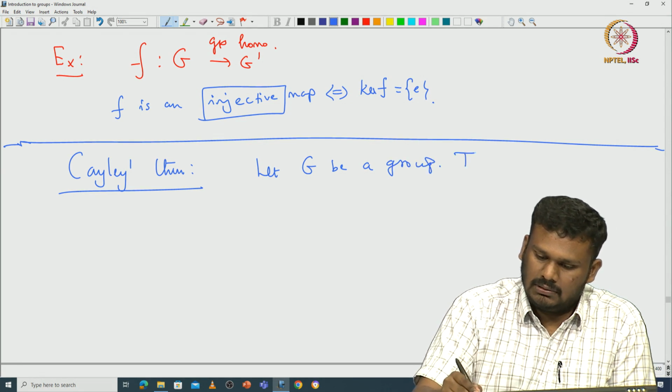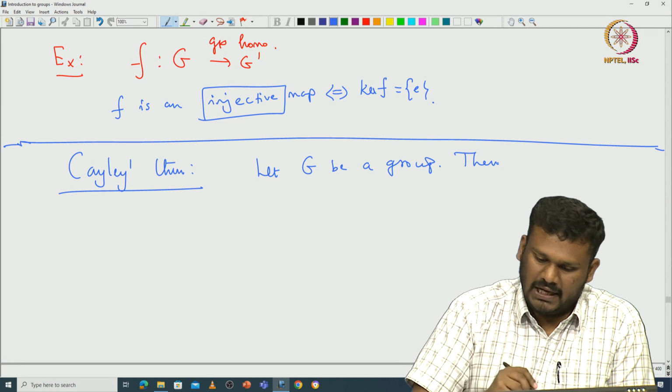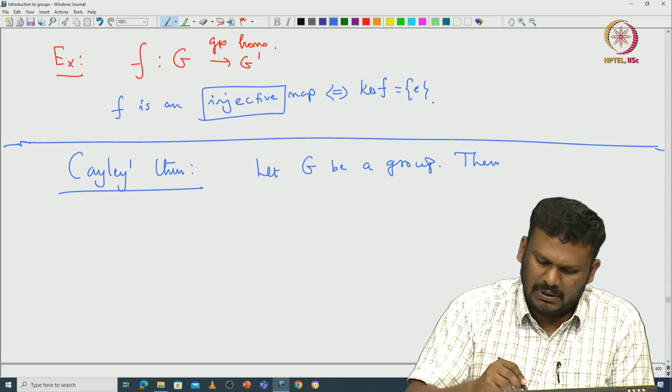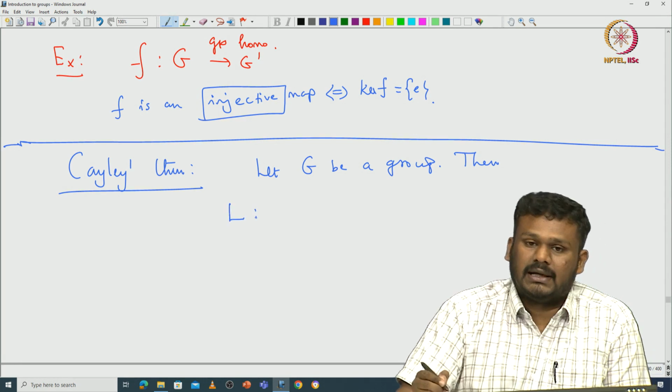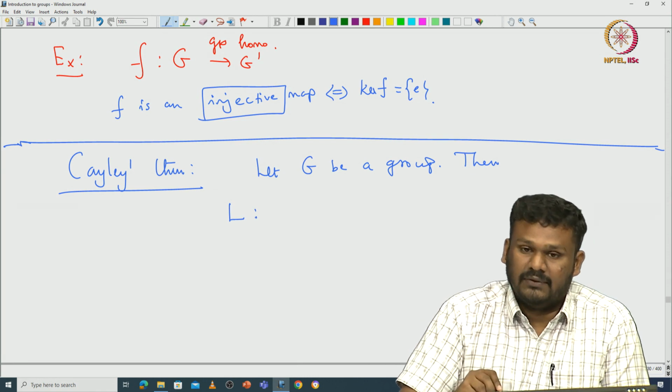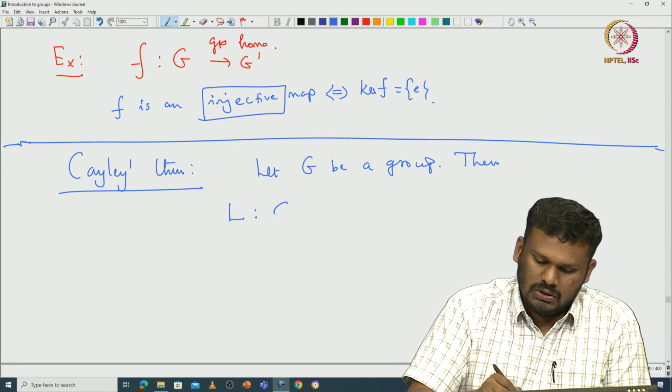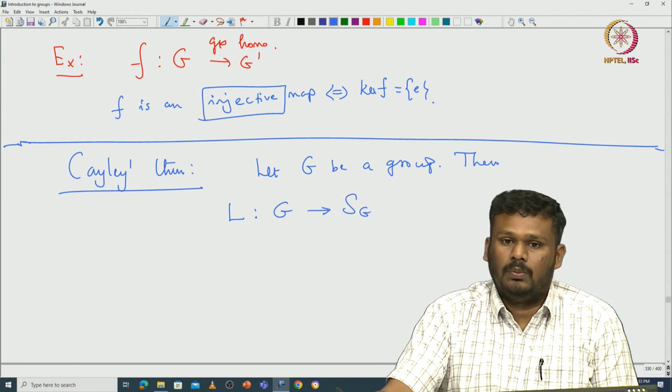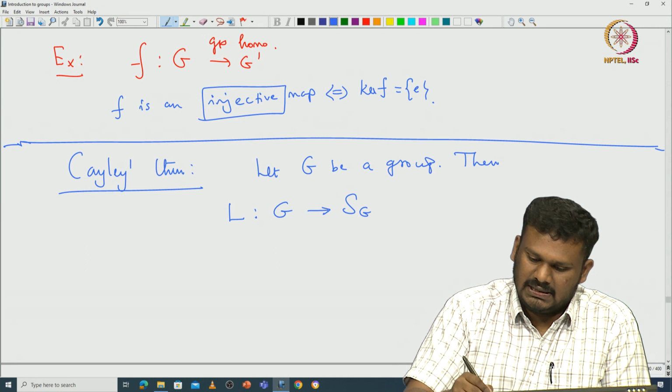Then we have a natural map, which we call capital L, given by left multiplication, from G to the symmetric group on G. This is an injective homomorphism.